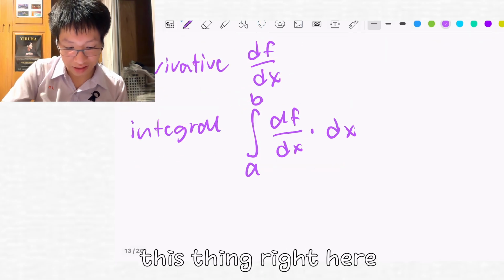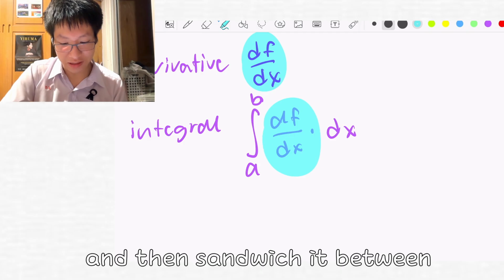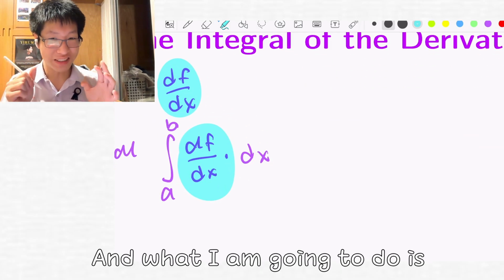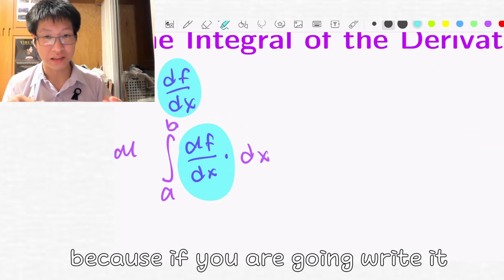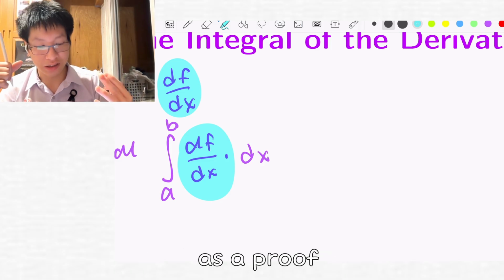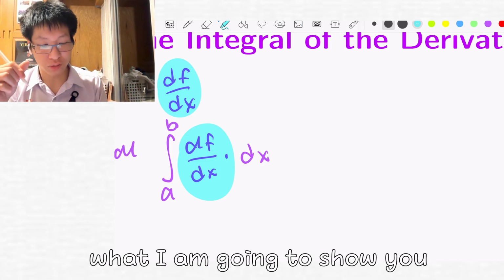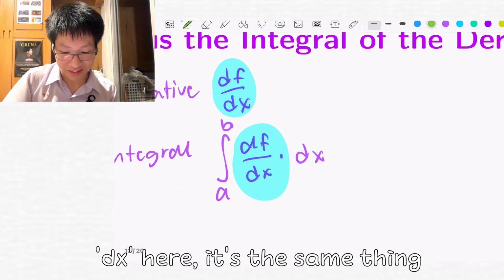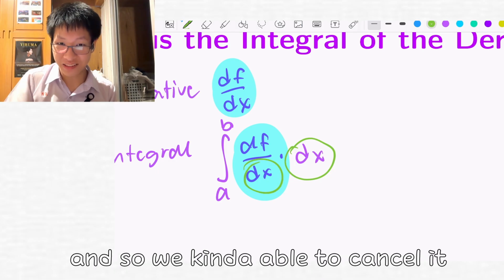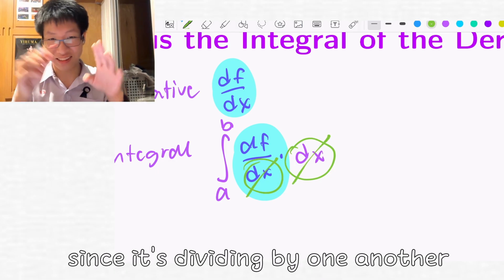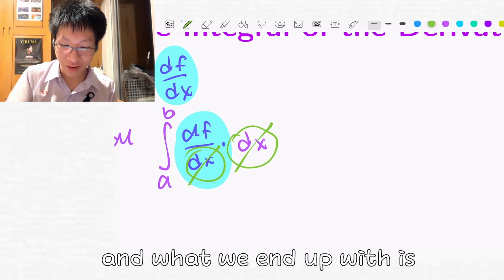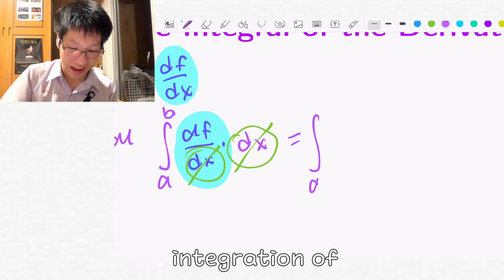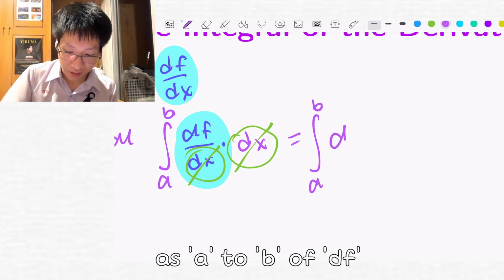Basically, we just take this thing right here and sandwich it in between. What I'm going to do is a bit mathematically wrong, because if you're going to write it as a proof, you have to write more than what I'm going to show you. But basically, the dx here is the same thing, so we're able to cancel it since they divide one another. And what we end up with is the integration from a to b of df.